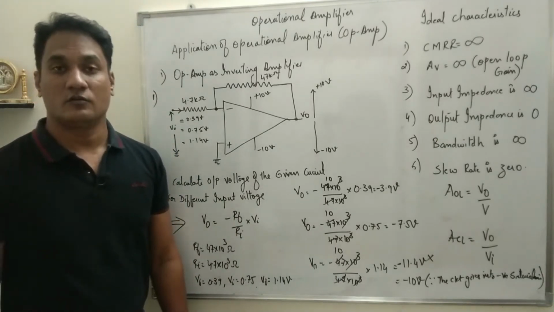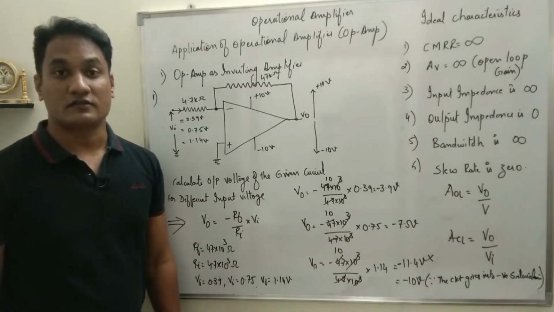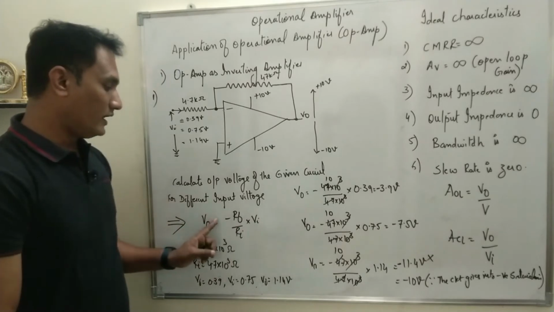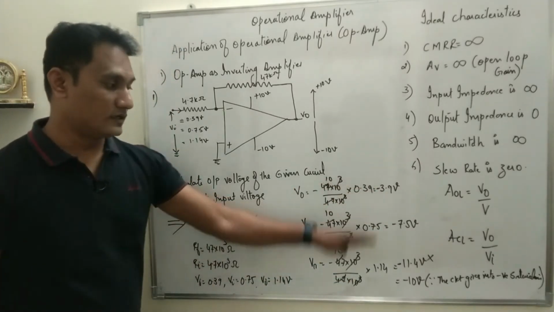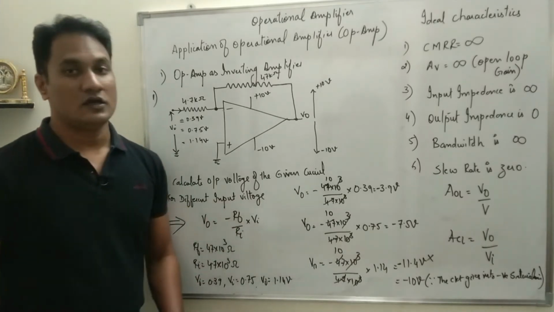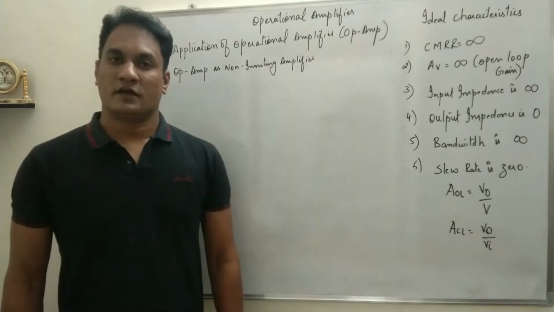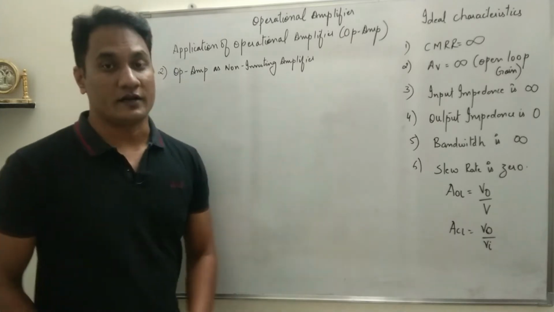Most of the times this question has come for 3 marks, so again it is very important. Formula carries 1 mark, and then you have to substitute the values and get the answer. So this is the numerical based on op-amp as inverting amplifier. I hope you have understood. Next, the next application is op-amp as non-inverting amplifier.